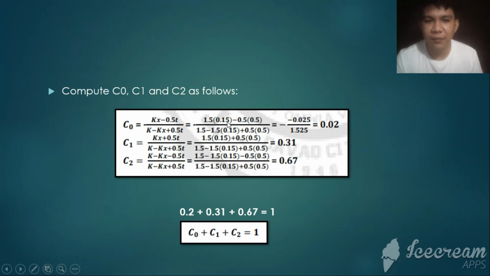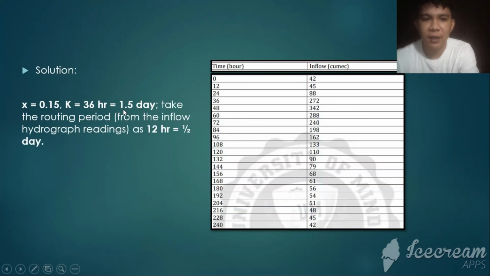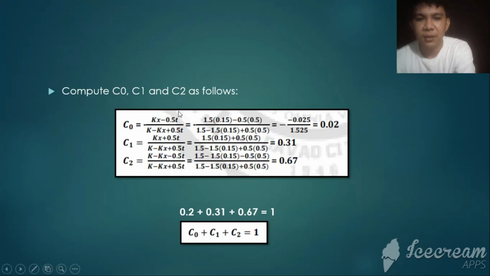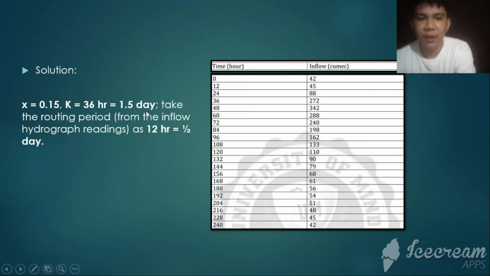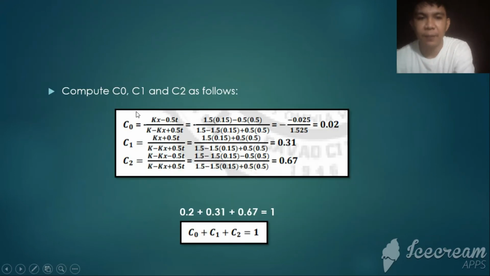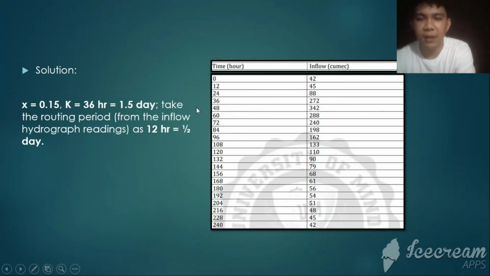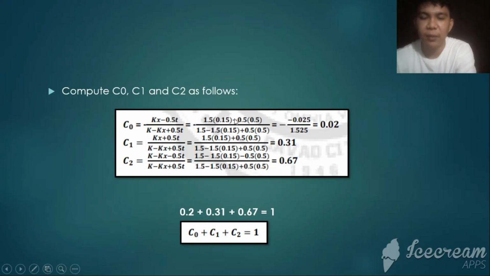Ang 0.15, mauna ni siya ang x. Then, ang 1.5, mauna na ang days sa k. 36 hours na k, convert siya sa days, so 1.5. Then, ang t na to is ang time interval. So, naa tay 12 hours, convert na to siya sa day, is 0.5 or 1 half.